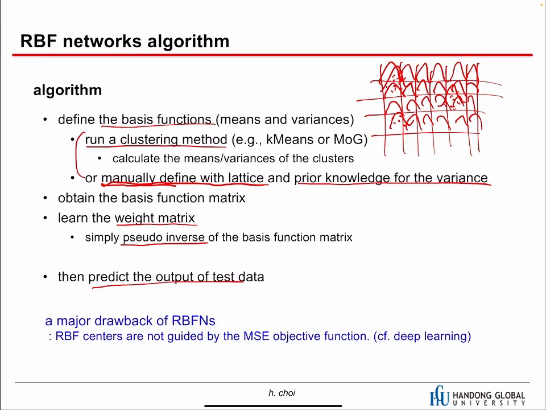But in RBF networks, the basis functions have nothing to do with the objective functions, right? We just simply define them. Even when we use a clustering method, this clustering method still has nothing to do with the objective functions. So that is one big problem.